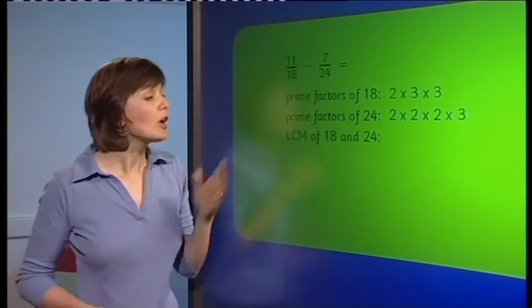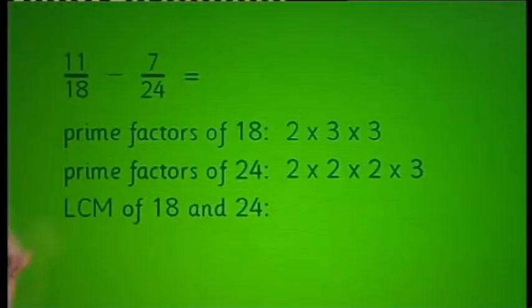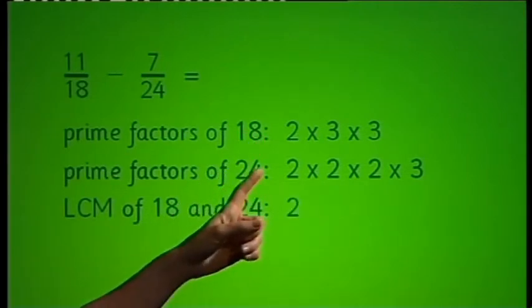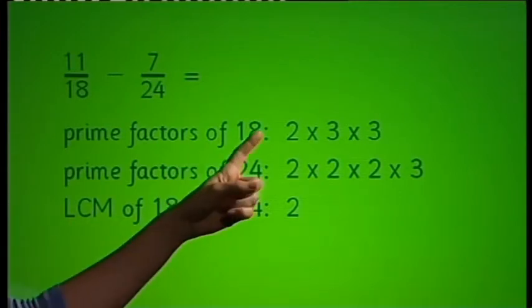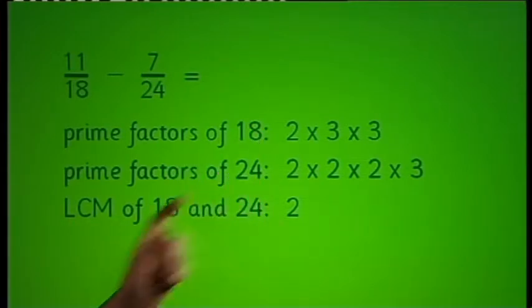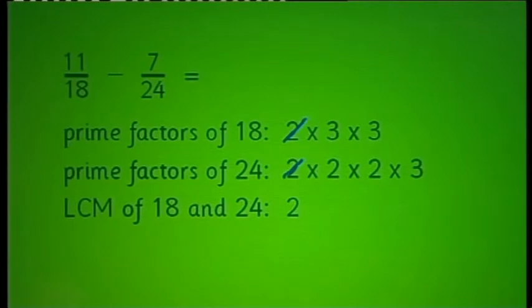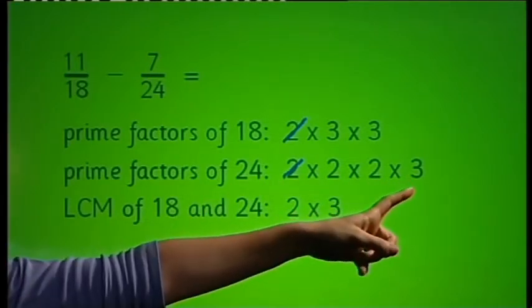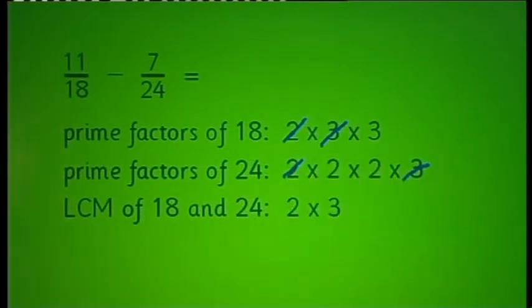Now, for the lowest common multiple of 18 and 24, I start with these prime factors. Let me have a look. There's a 2 here and a 2 here. So there'll be a 2 in the lowest common multiple, and because 2 is a common factor of 18 and 24, I can cross it out here and here as well so that I don't repeat it unnecessarily. Now there'll be a 3, and again that's a common factor because there's a 3 here. So I'll cross this one out here and again here.